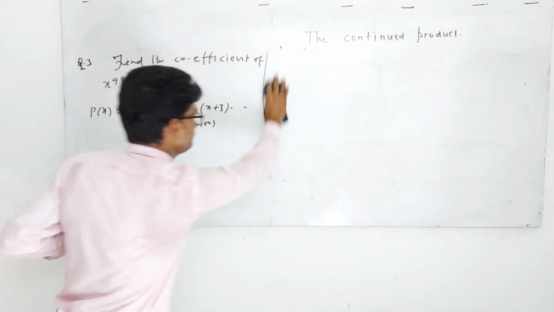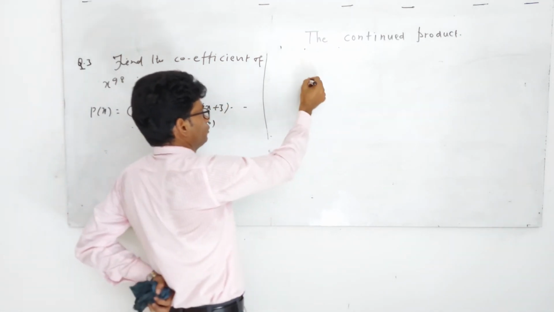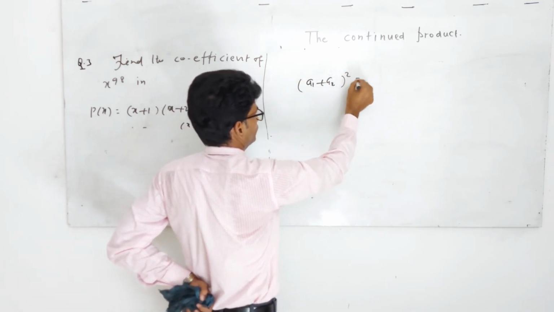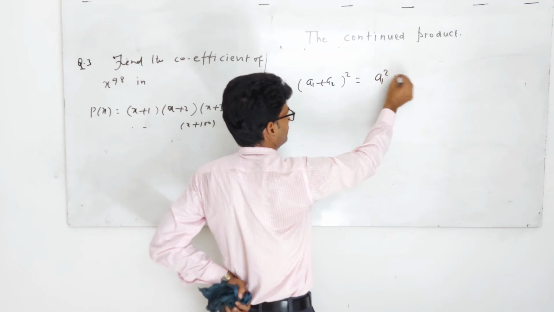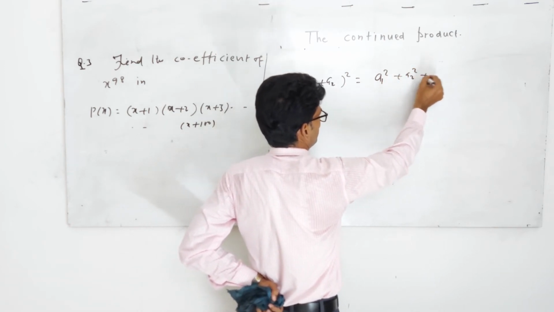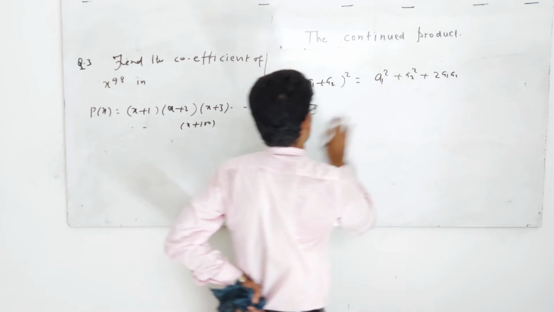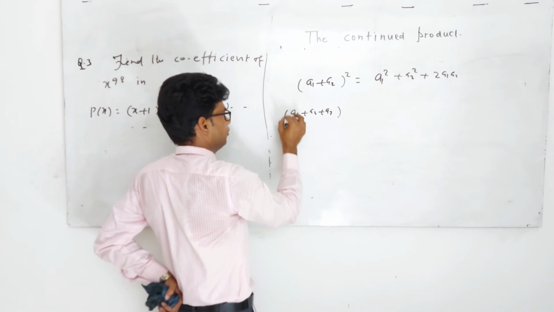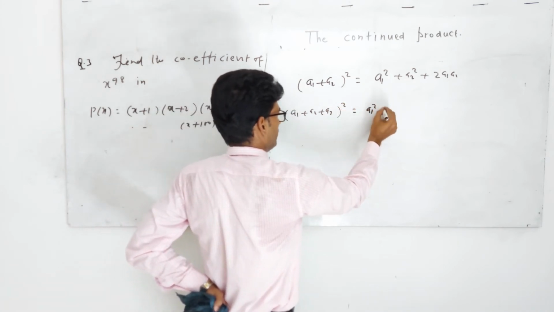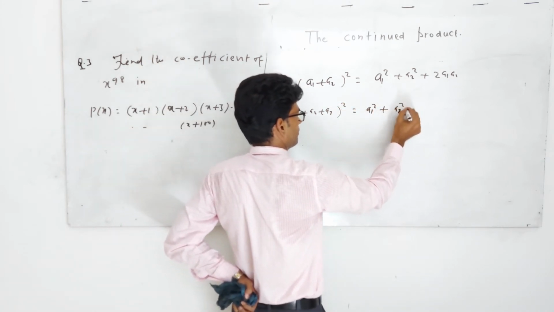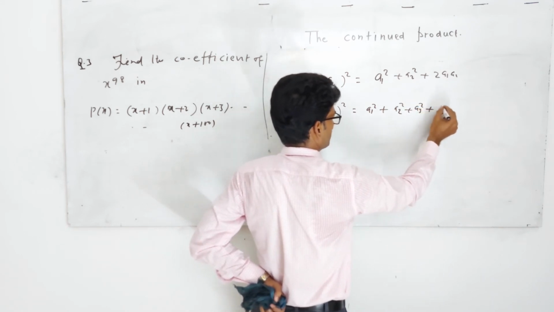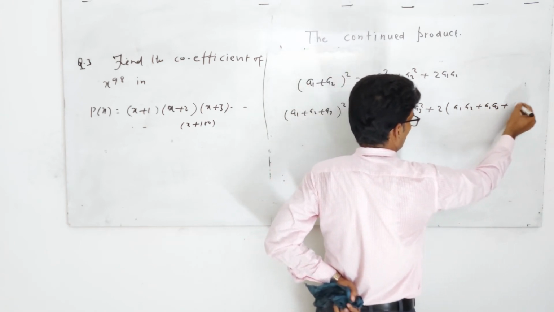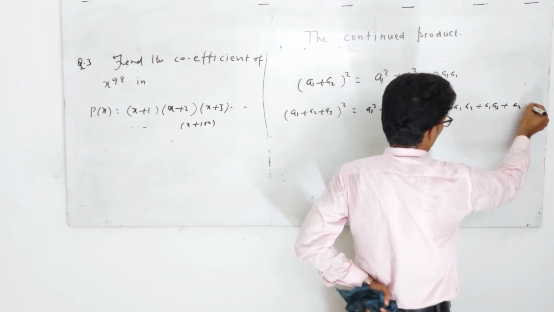Look at here. So here a1 plus a2 whole square. We all know this is a1 square plus a2 square plus twice a1 a2. Now here a1 plus a2 plus a3 whole square comes out to be a1 square plus a2 square plus a3 square plus twice a1 a2, a1 a3, a2 a3.